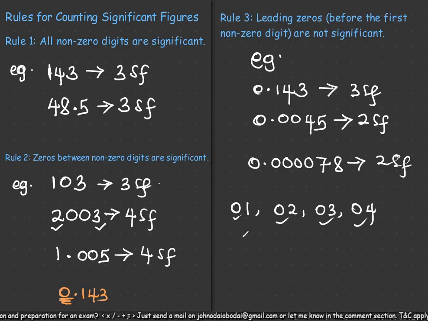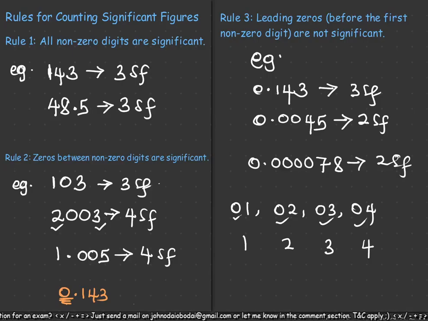This 01 is still 1, this 02 is still 2, this 03 is still 3, sorry, the 04 is still 4. Is it because they are all not significant? And you should take note that it is not all non-significant figures that can be omitted. What do I mean by that?